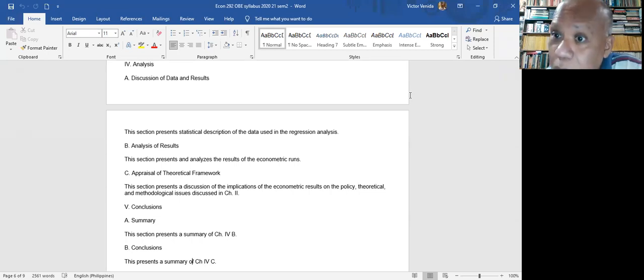And it's also here where you will suggest what data you think the government should also consider collecting. It's a recommendation for data collection agencies, government, partly to help improve the data collection of government.